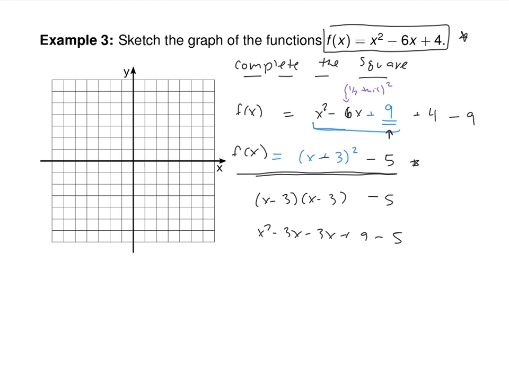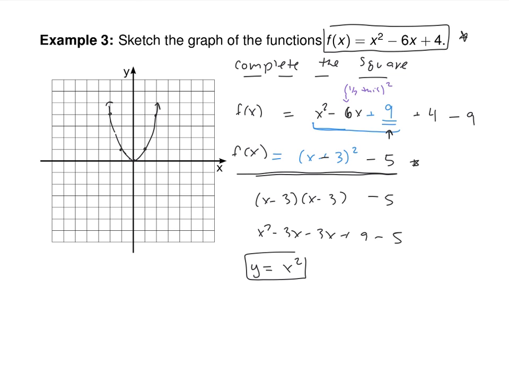And it's really useful for graphing parabolas because now, can you graph the parent function x squared? Yeah, good. Okay, what's that go through? 0, 0, 1, 1, negative 1, 1, and 2, 4. And then how do you shift it?